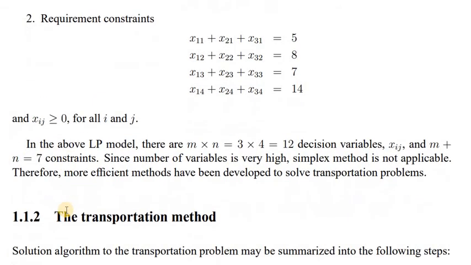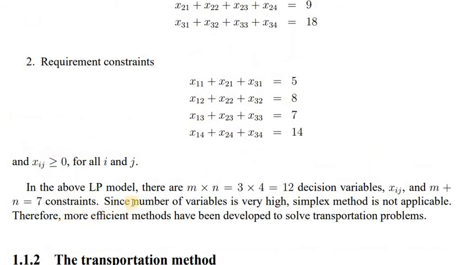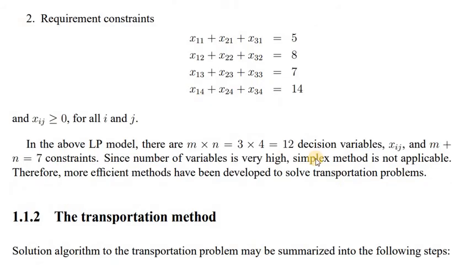Now the main problem is that there are 3 times 4, that is 12 decision variables, and we have 7 constraints. Since this number is very high, we cannot use the simplex method here, so there must be other methods to solve a transportation problem.